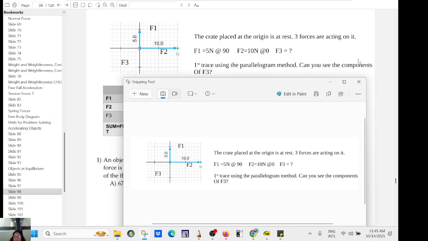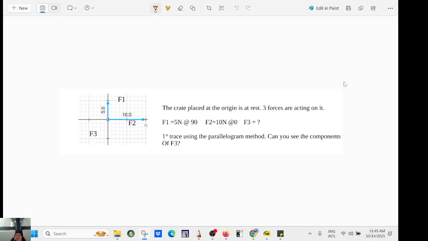Okay, let's do physics with our guts. So you have F1. Let's say you have a box on the floor, and let's not worry about friction. You have F1, F2. Obviously, if you want that to be in static equilibrium, you want to have F3. Agree?